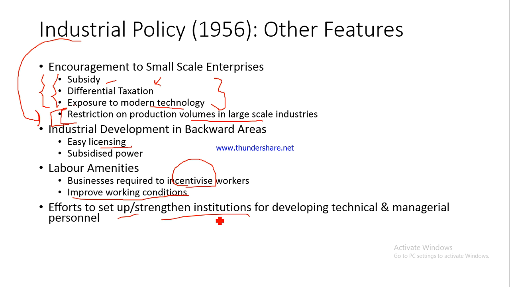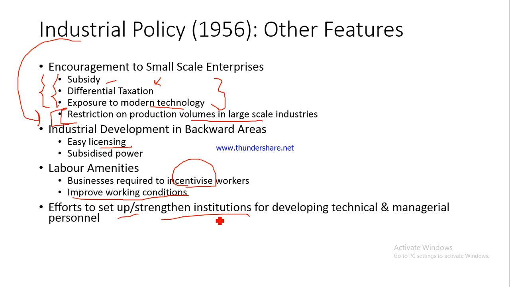And there was an impetus on setting up of more IITs, Indian Institutes of Technology, and then we also started setting up various ITIs, Industrial Training Institutes, and there was also this thinking that some of the management institutes, Indian Institutes of Management, should also come up.